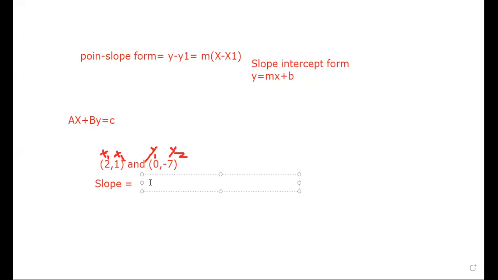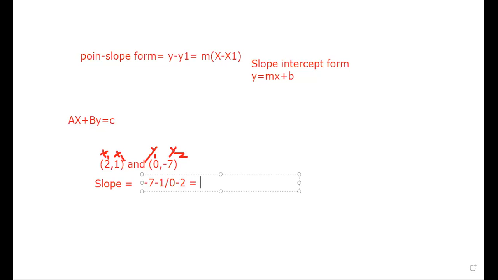Who can tell me how we will calculate the slope first? y2 minus y1 over x2 minus x1.